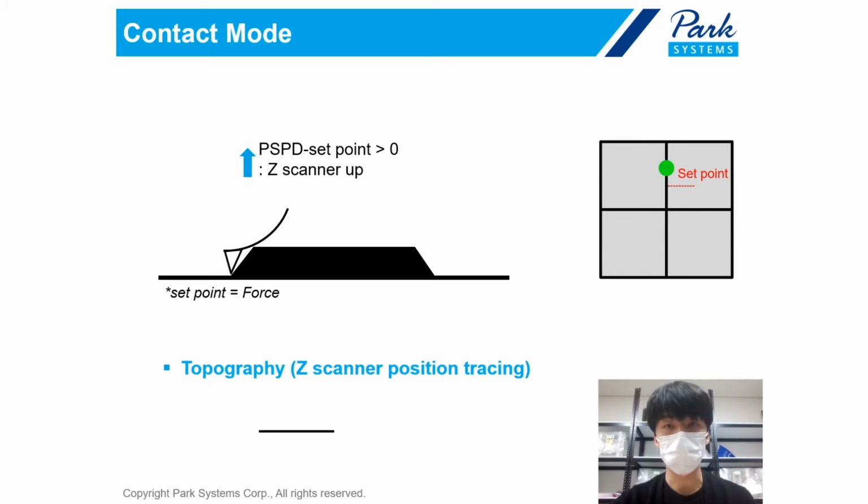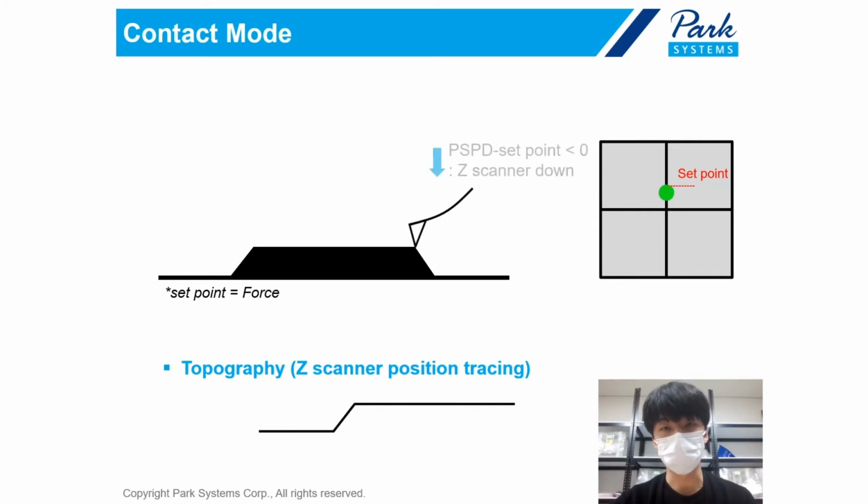So the feedback makes the z-scanner go up to maintain the set point. And when it meets the downward slope, the distance between the tip and sample increases, so the feedback makes the scanner go down to give more force until it meets the set point. So finally, we can get this topography information of the sample.